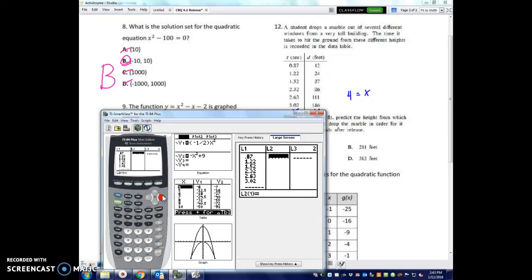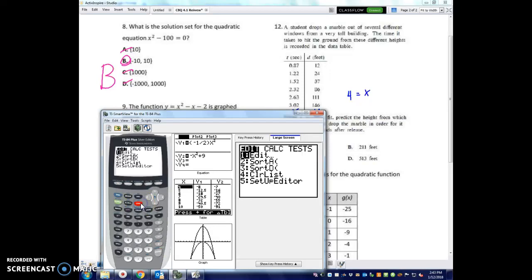Then we go over to the other side. We have 12, enter, 24, enter, 37, enter, 86, enter, 111, enter, and 146, enter.